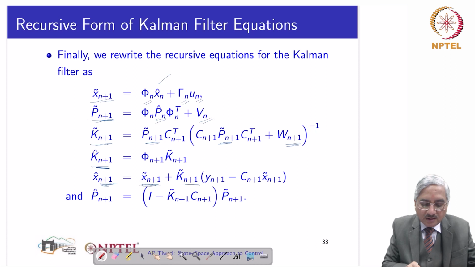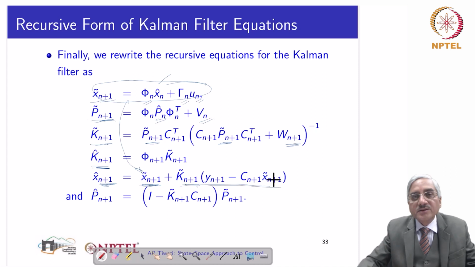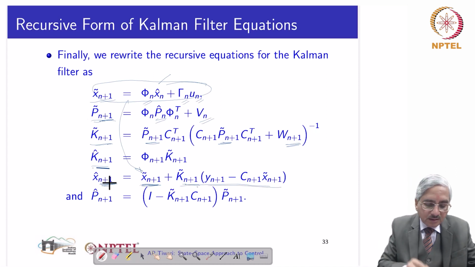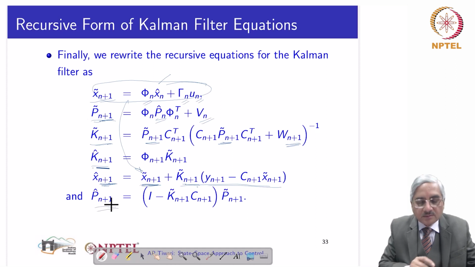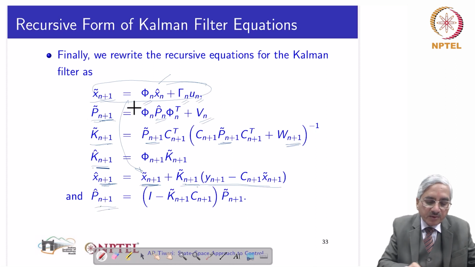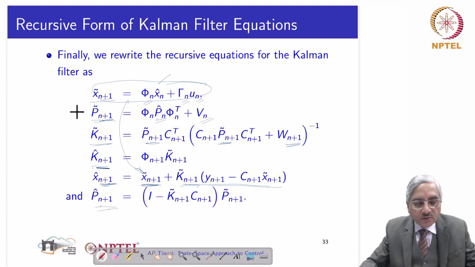This is a predicted state which is here. To that we add the correction and we get the estimate, and we calculate this covariance matrix and we save it for computation here. So in this manner the Kalman filter works recursively.